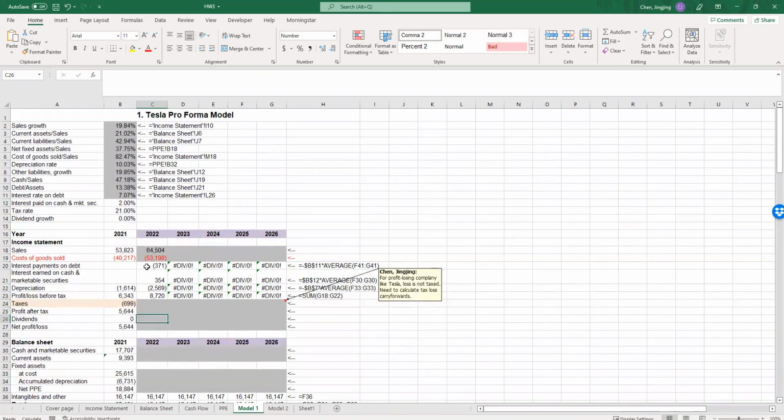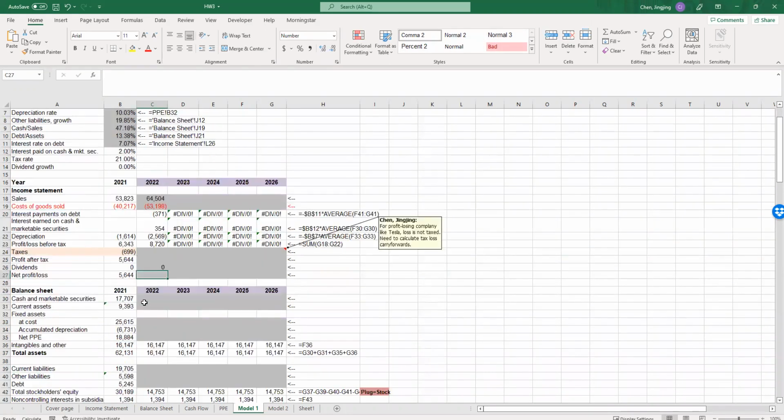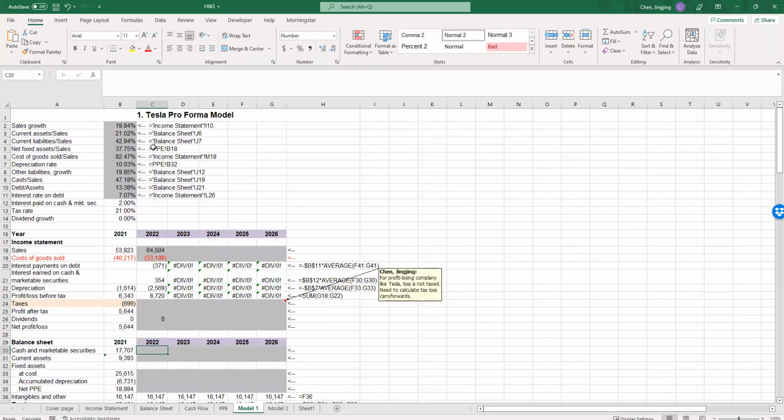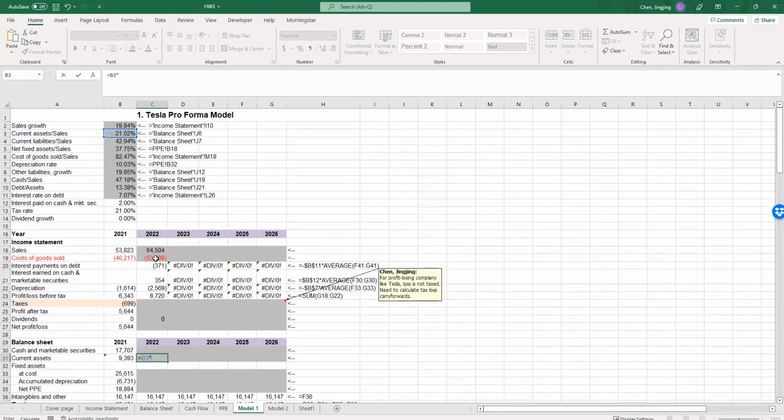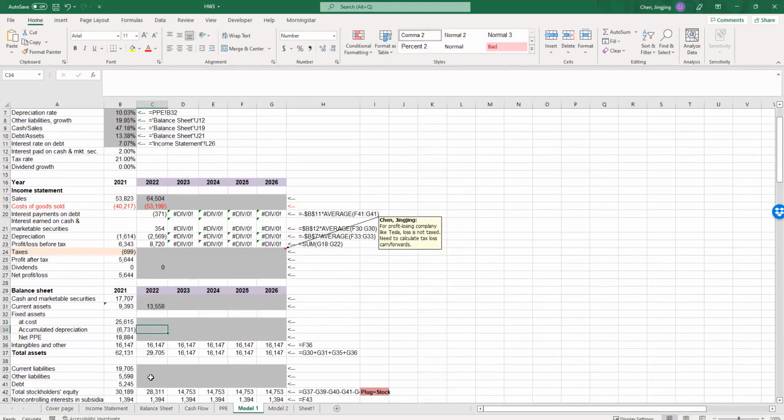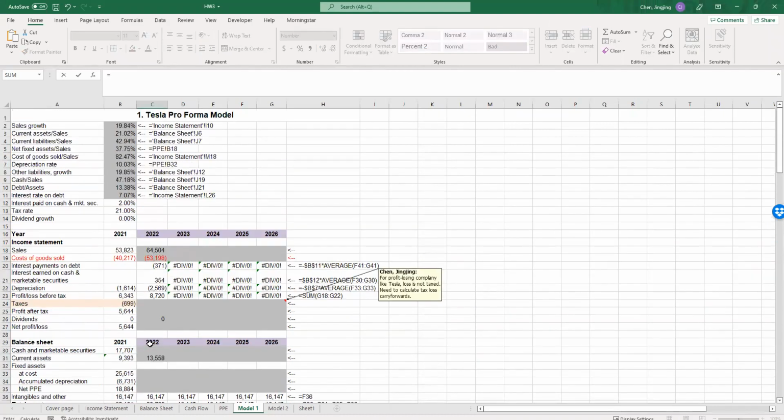For dividends, equals profit times the dividend growth, which is 0. That's why I can put it here first. And then I can go to current asset, current liability first. Current asset times sales. Current liability times sales. I need to add a dollar sign. Here, add a dollar sign.